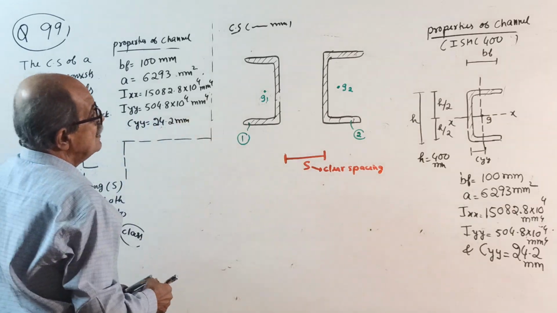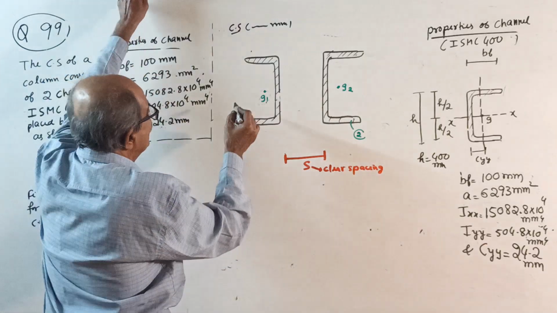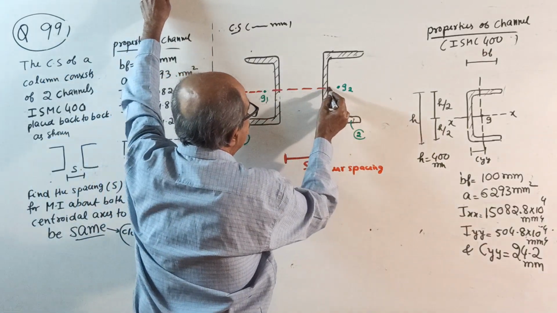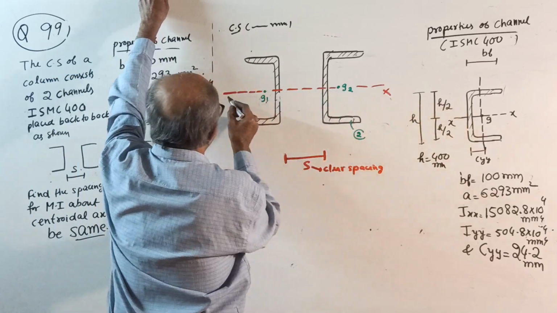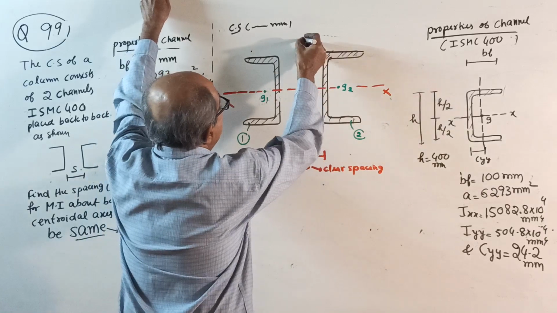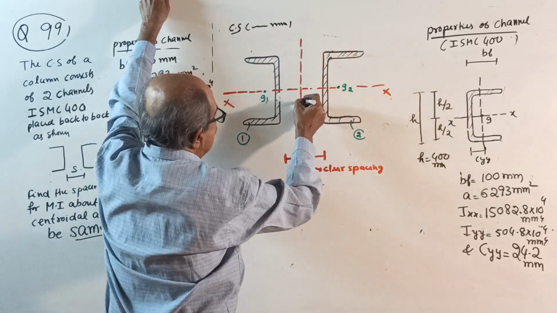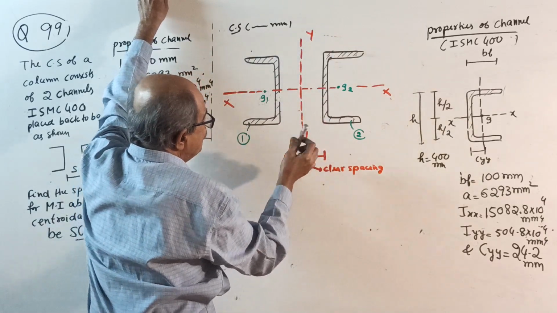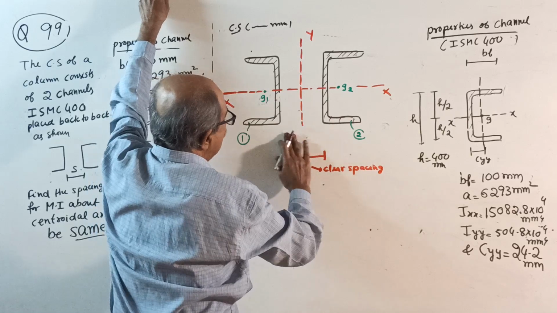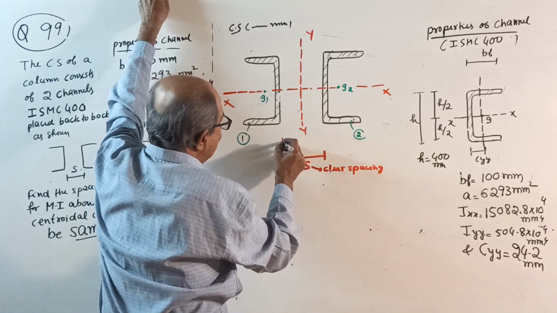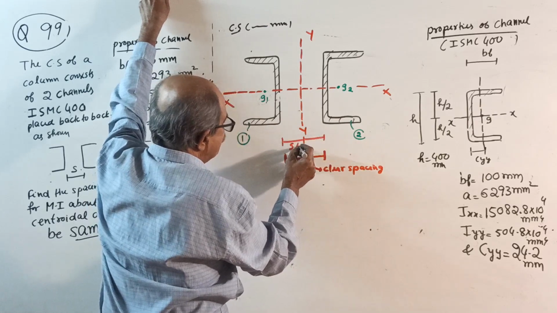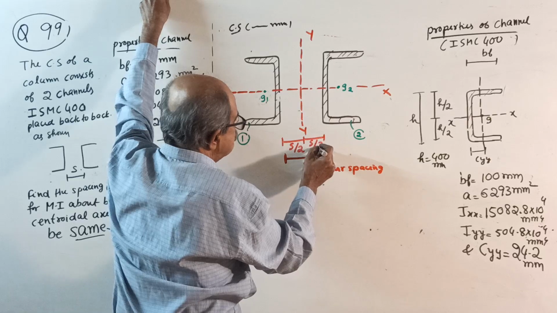Now, first mark the axes. This is your XX axis, coming midway here. This is your YY. The clear spacing: when YY comes here, from here to here and here to here, it will be S by 2 and S by 2.